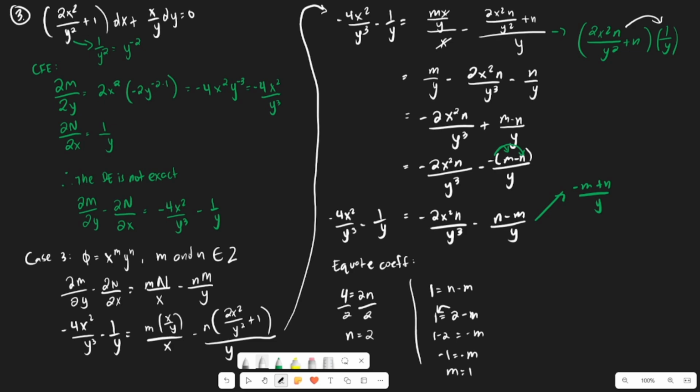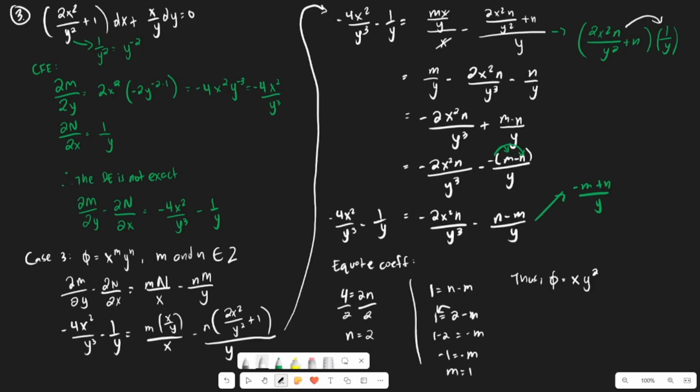Okay, so this means that our integrating factor is equal to x raised to 1, or just x, and y raised to n, which is 2. Because that's the form for our integrating factor for case 3: x raised to m, y raised to n. Our m is 1, so we'll have a 1 exponent for x and a 2 exponent for y, since our n is 2.